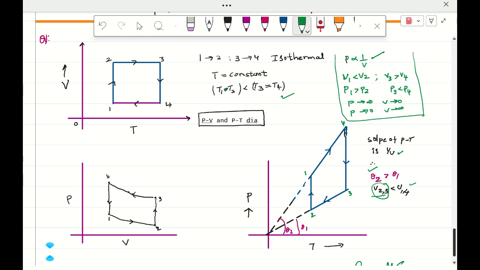So this is the graph: 1, 2, 3, 4, where 1 to 2 is isothermal. V1 is less than V2.